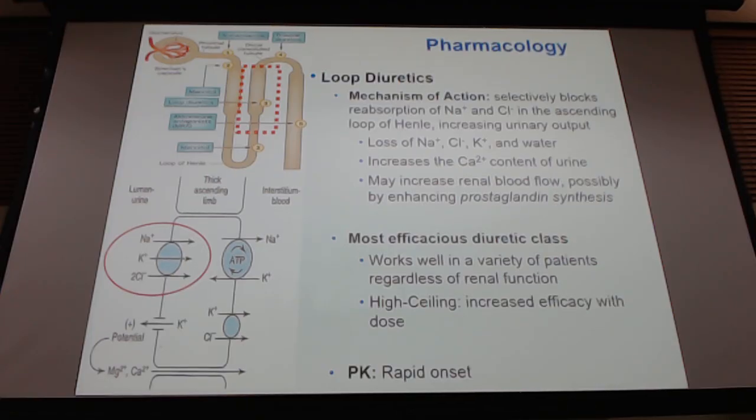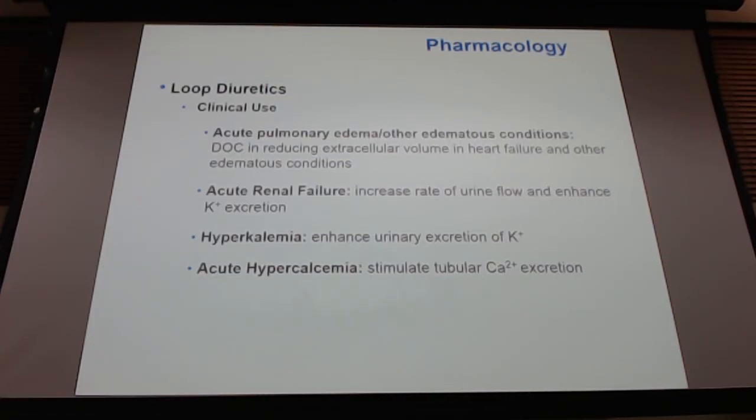And then next we have the clinical uses of loop diuretics. So we have the acute pulmonary edema or other edematous conditions. It's the drug of choice for reducing the extracellular volume in heart failure and other conditions.